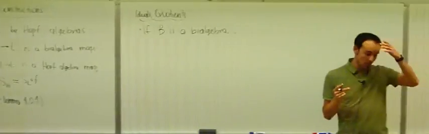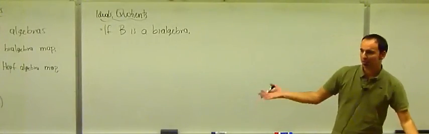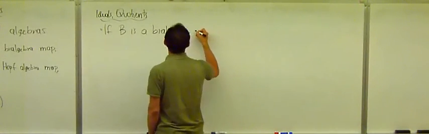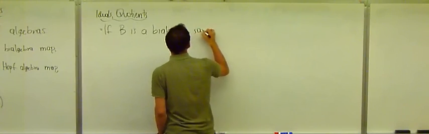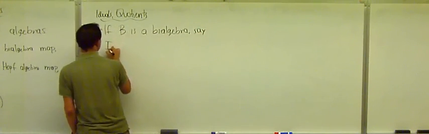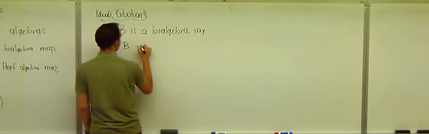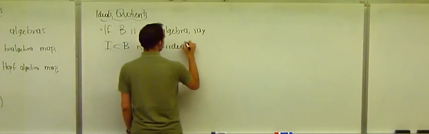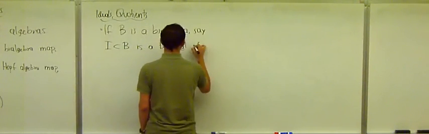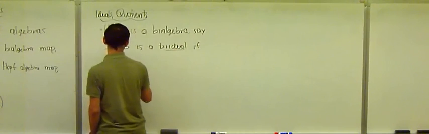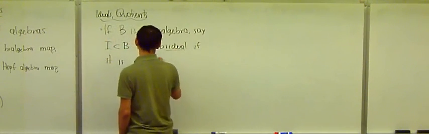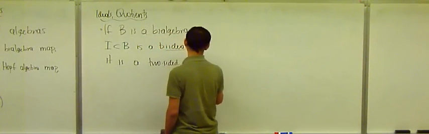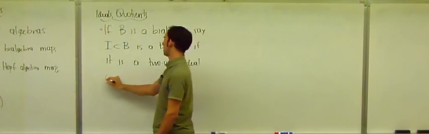Well, that should mean that you're an ideal both in the classical sense and in the coalgebra sense. So say that a subset I is a bi-ideal if it is both a two-sided ideal and a two-sided coideal.